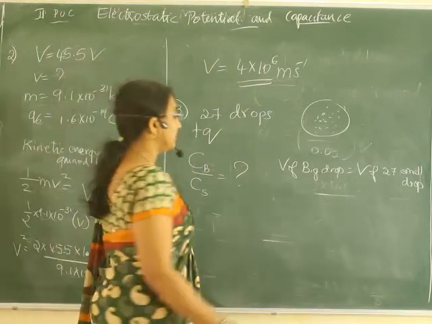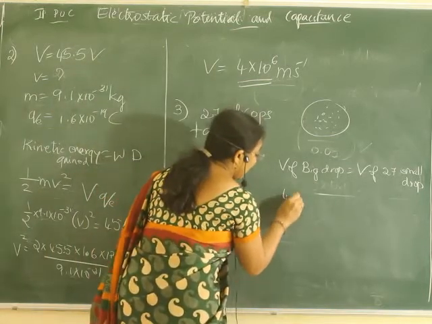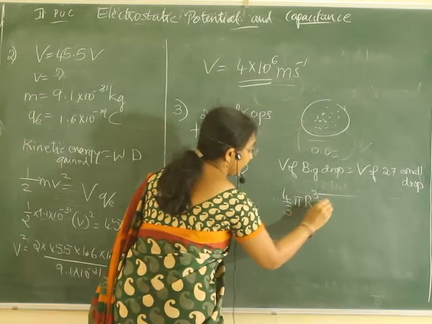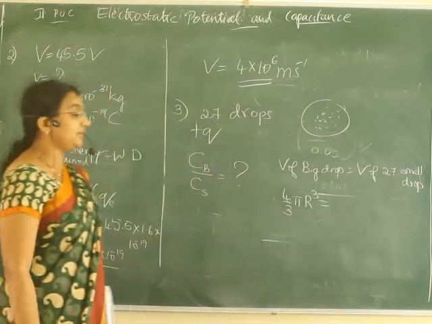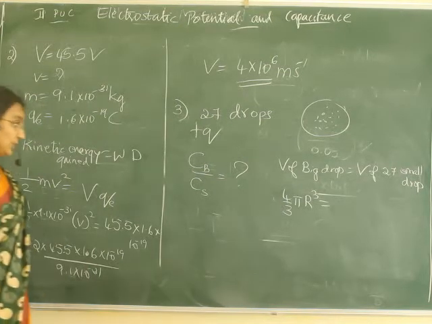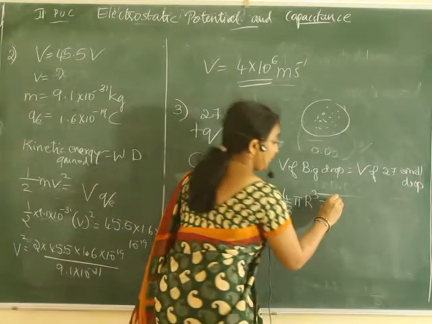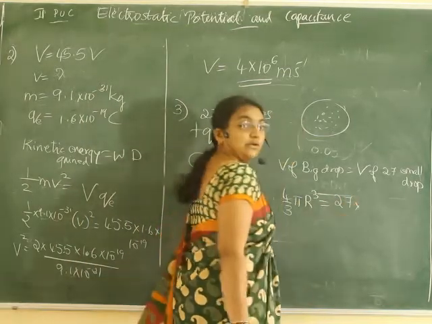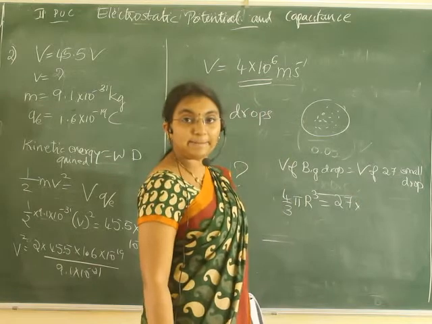Yes. What is the volume of the big drop? 4 by 3 pi R cube is equal to, what is the volume of the smaller drop? For one drop it is 4 by 3 pi r cube.